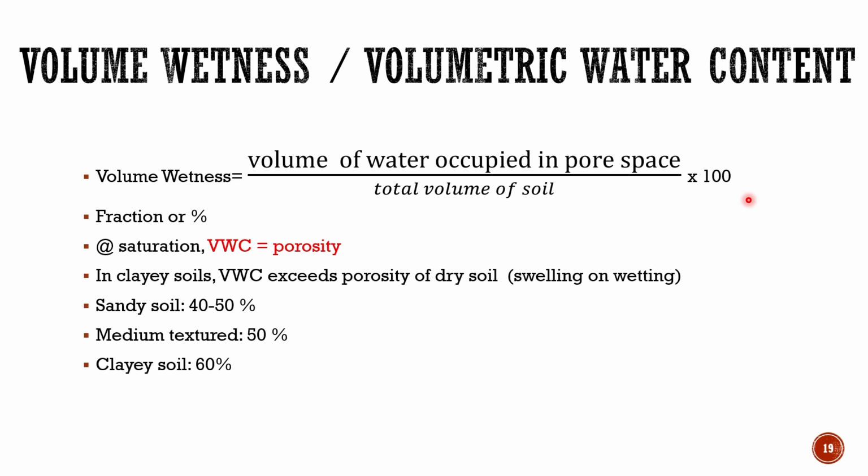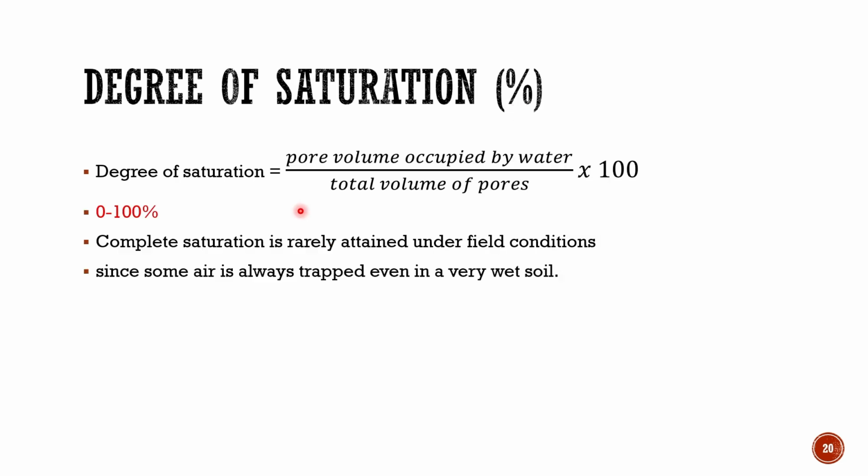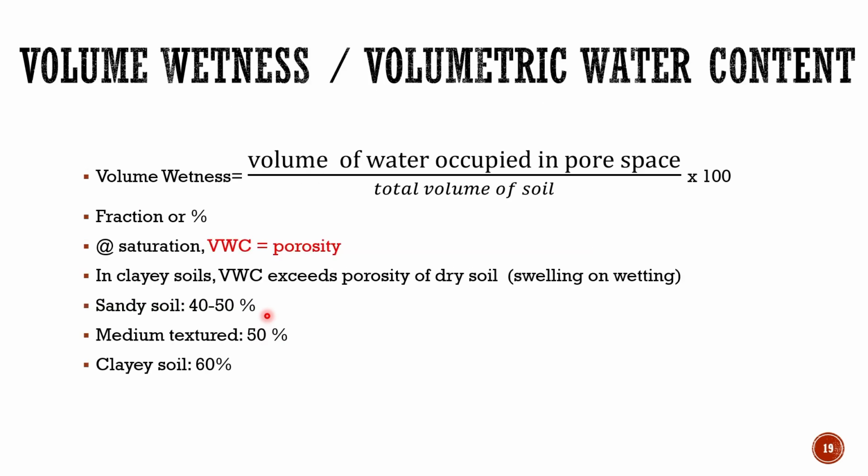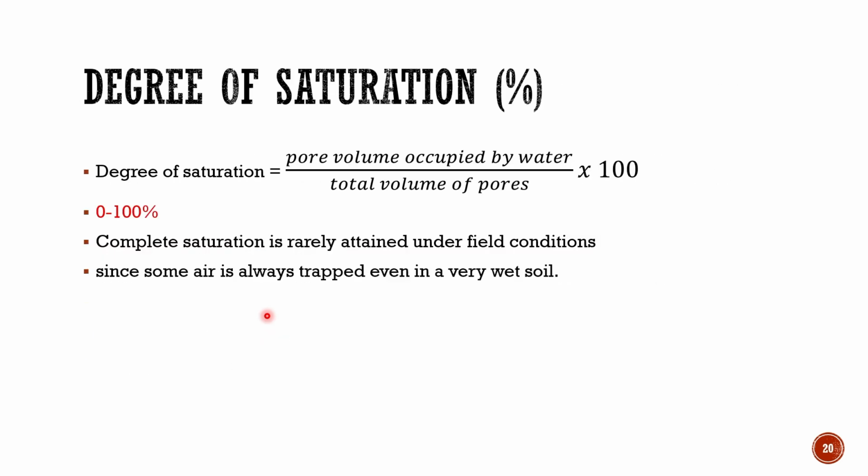But the degree of saturation is, out of the total volume of pore, how much is occupied by water, expressed as percentage. There is a difference. Volumetric water content is out of the total volume of soil, while degree of saturation is out of the total volume of pore. That is the difference.